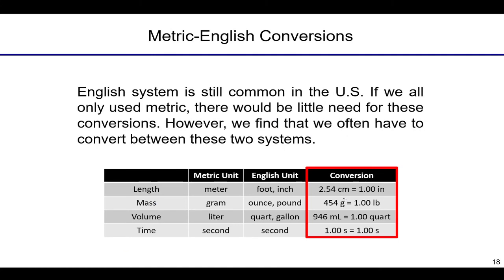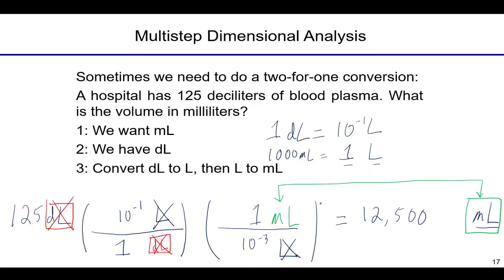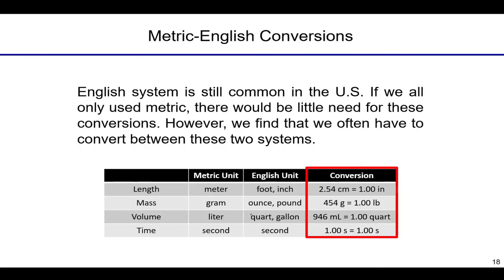Now, one complicating wrinkle of these problems is you might have not one, but multiple steps. You might not have just metric to metric. You might have metric to English. Now, if everybody used metric, this wouldn't be a problem, and you wouldn't have to do these headache of a problem, right?